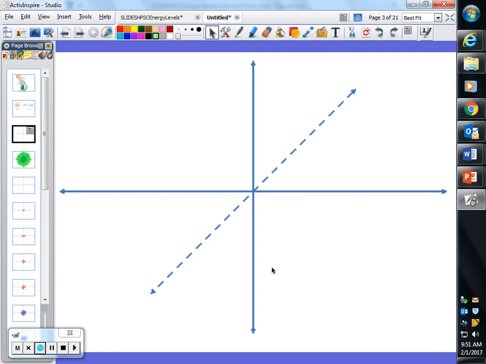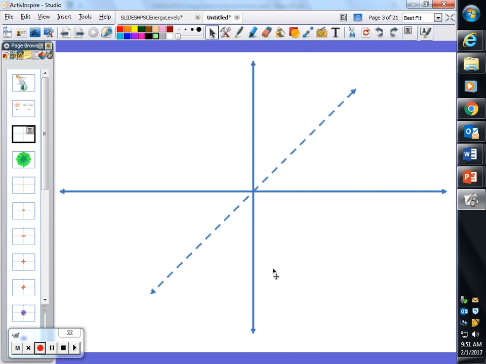If you had to take a guess, where do you think we would most likely find electrons? Where's the most probable location for finding electrons in an atom? Sammy. Close to the nucleus, right?